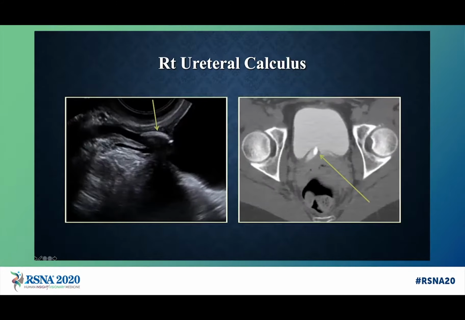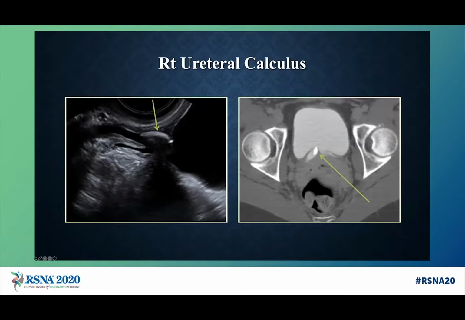So remember, when we're doing the transvaginal scan, to consider the diagnosis, as the finding of the distal stone can be as easily seen on ultrasound as it is on CT scan when you consider the diagnosis.